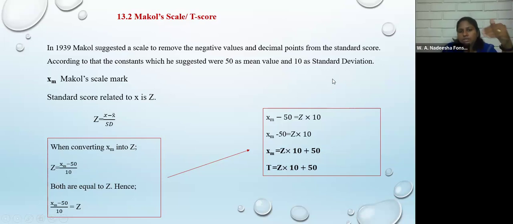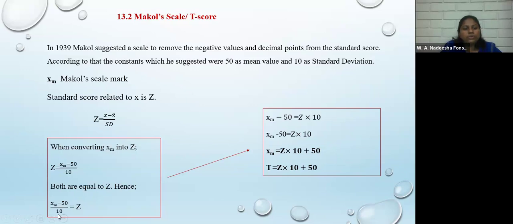Divide by McCall's standard deviation, which is 10. Then we have to make XM the subject of this equation. Now, Z equals XM minus 50 divided by 10. Using this equation, we have to make XM the subject. That is what I calculated here.